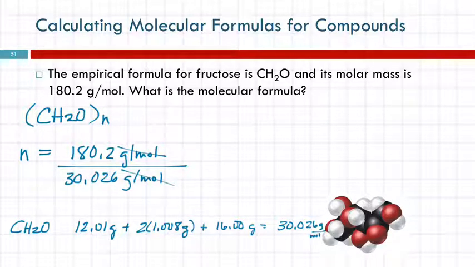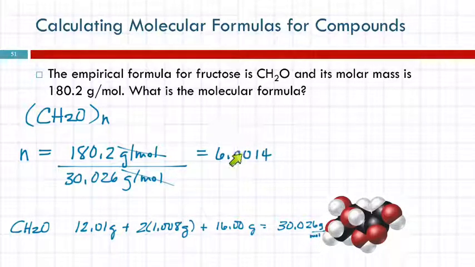Those units cancel themselves out. So we've got 180.2 divided by 30.026 equals 6.0014 and so on. No units. More digits is better than fewer digits here. We don't really need to consider sig figs, but just don't round off too much.